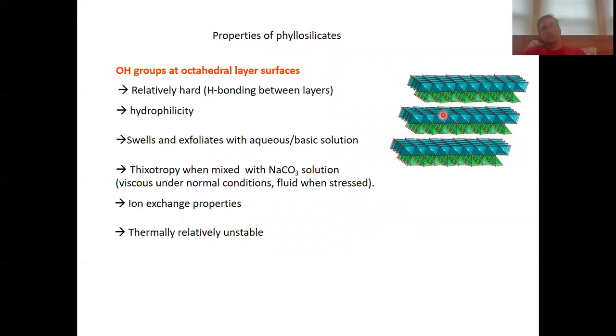These hydroxyl groups on the surface of the octahedral layer also lead to a fairly high hydrophilicity of the respective material. So these materials swell fairly easily in water, and the layers can even exfoliate, in particular when you use a basic solution, because then these protons get neutralized by hydroxides.